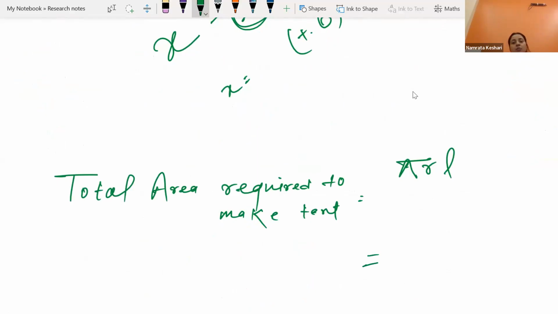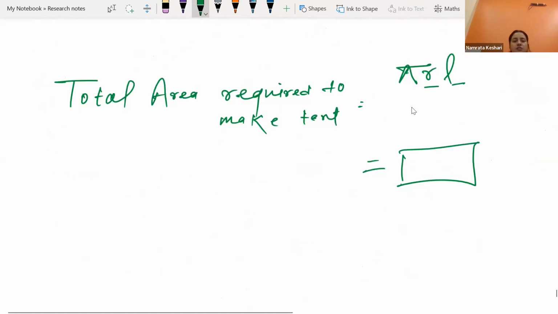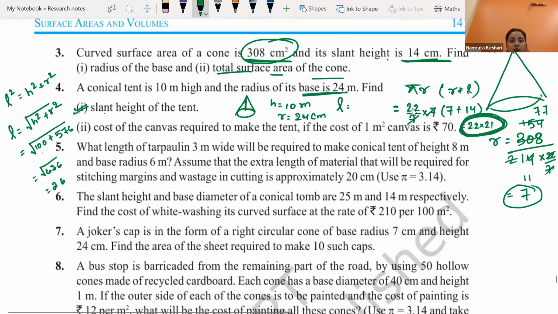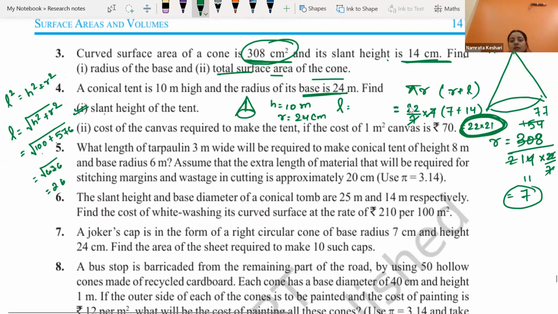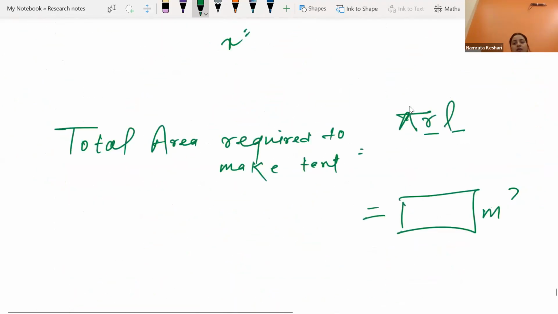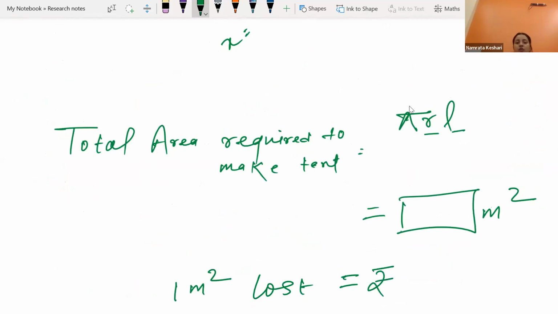You know r, you know L. Now the price is given per meter square. Already you know that for 1 meter square, the cost is rupees 70. So for this much meter square, whatever you have found, we'll be finding the cost.